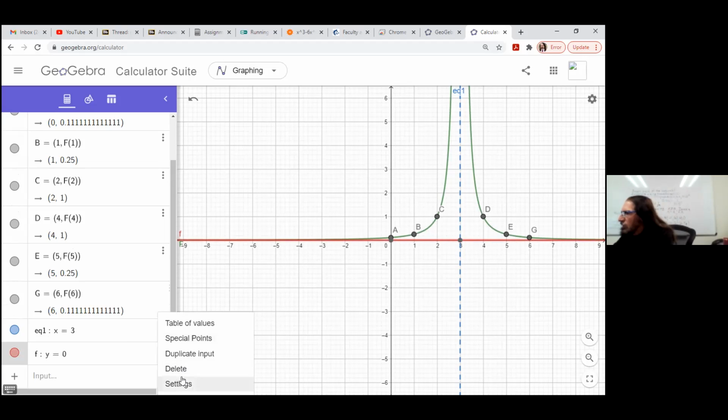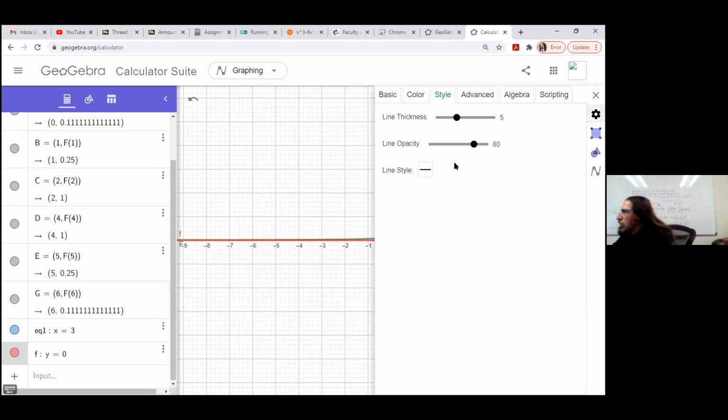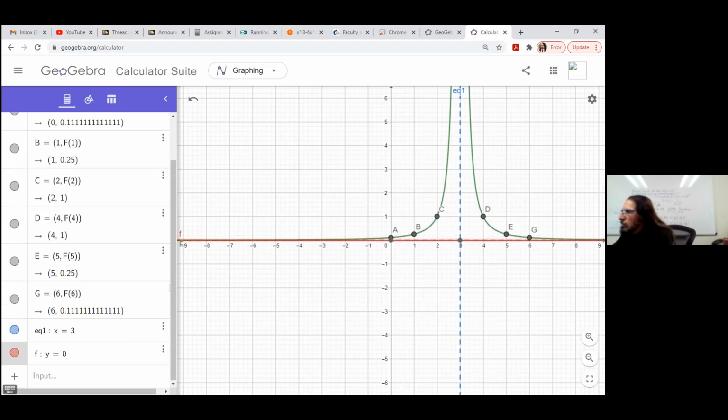And you can see that that is happening as we go to the far left and the far right. This is flattening out, getting closer and closer to the x-axis from above. So the range is that y is greater than 0. And y equals 0 is the horizontal asymptote.